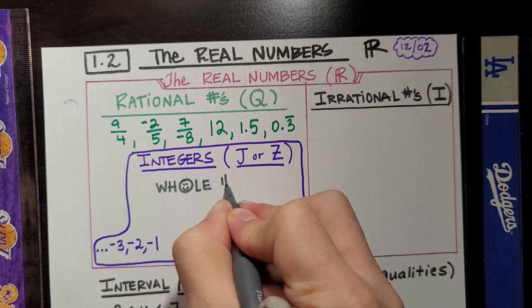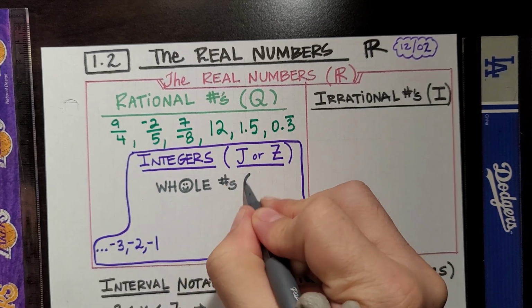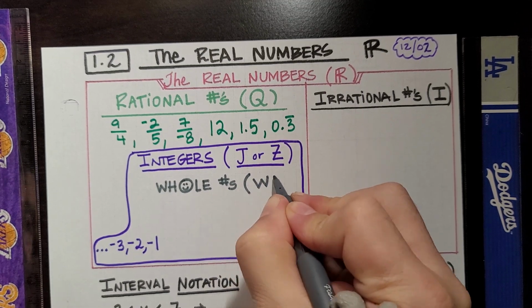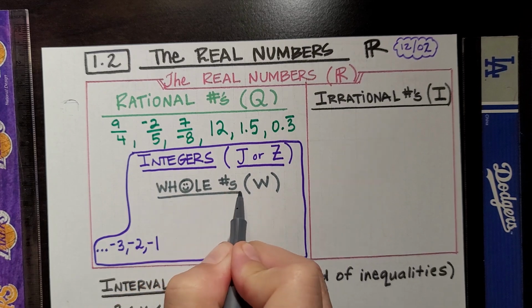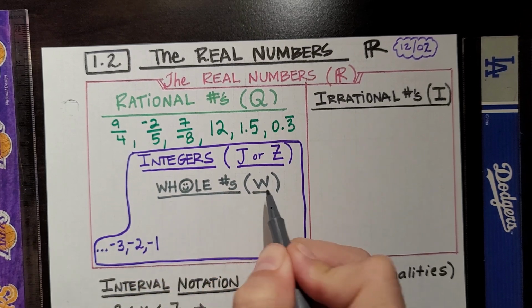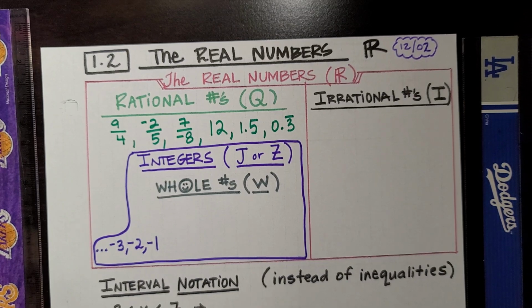Everything I do, there is a reason for it. Sometimes it's very obvious and clear right away. Other times it takes a little while to figure it out. Whole numbers, designated by a capital letter W.